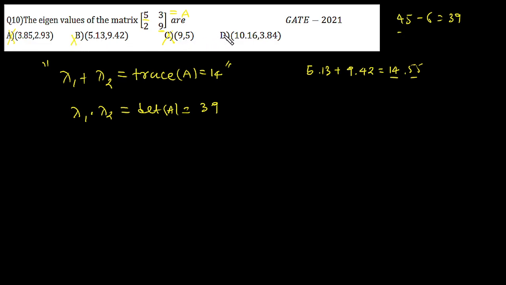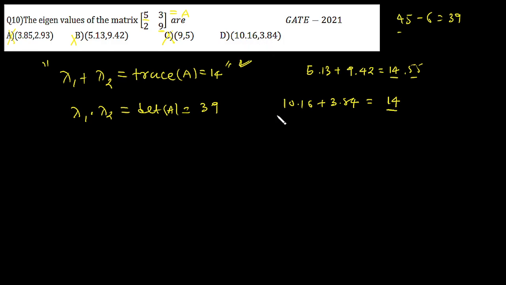Now the remaining one is D. Let's check it and sum these two: 10.16 plus 3.84. Here 13, plus we add the decimal portions, which give 1, so we get a sum of 14. Yes, it satisfies the first condition.